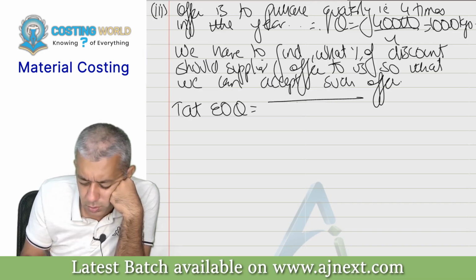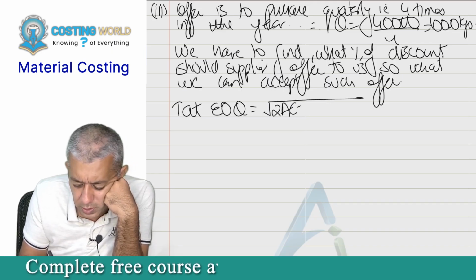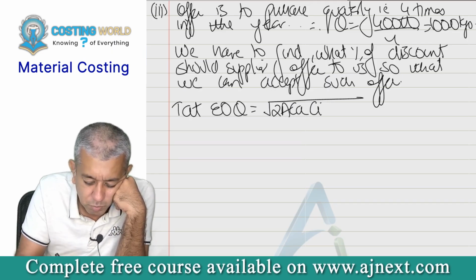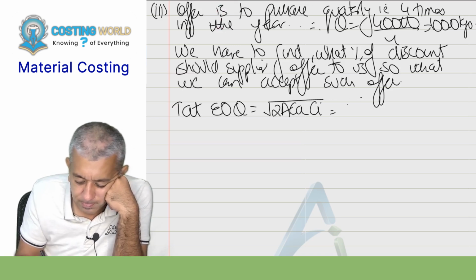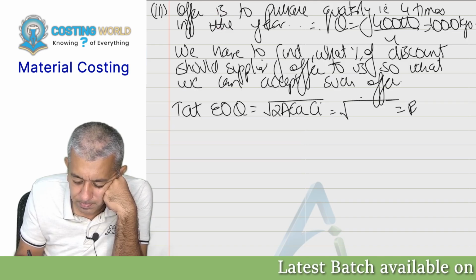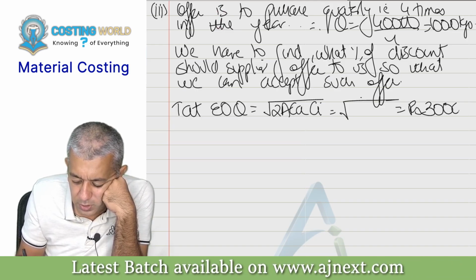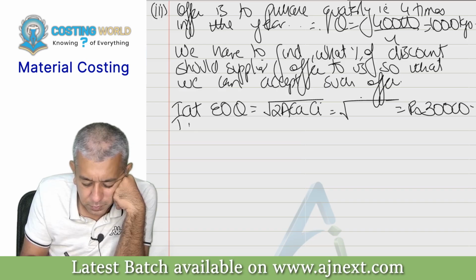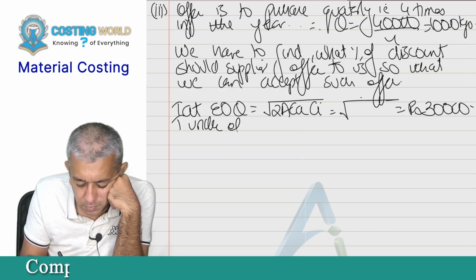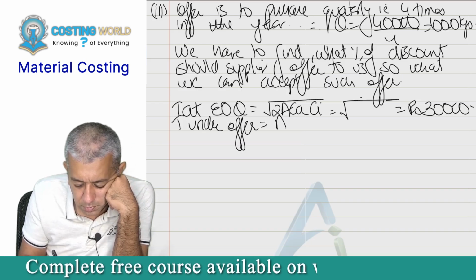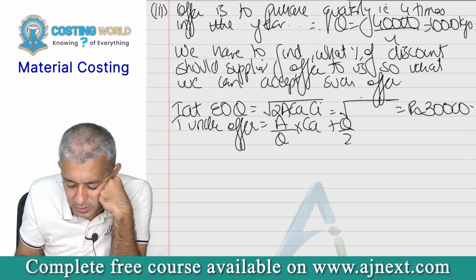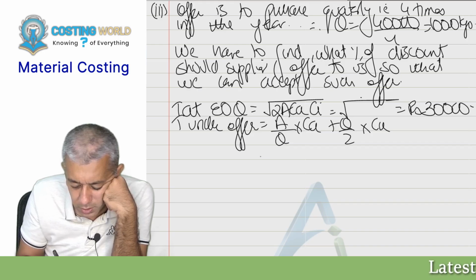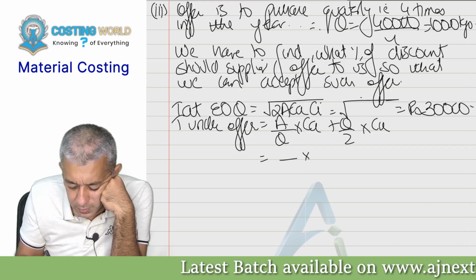Okay, so square root of 2ACACI. Compute this: 30,000. I'm not asking you the next thing, I've already written it. You all implement it.